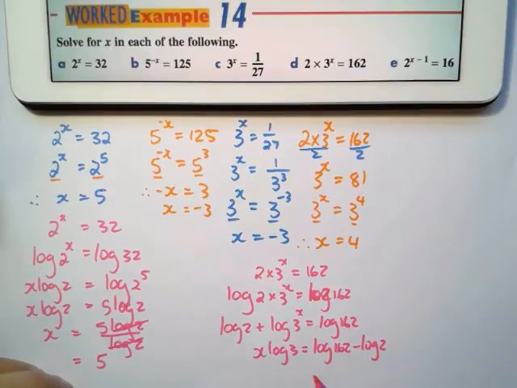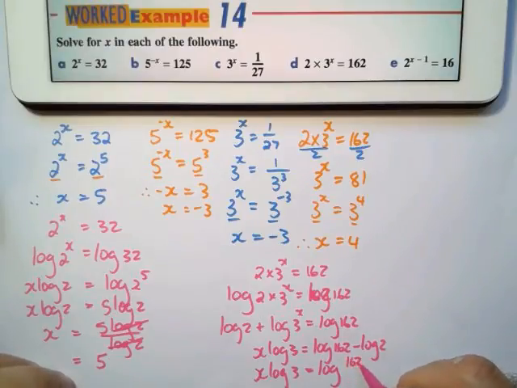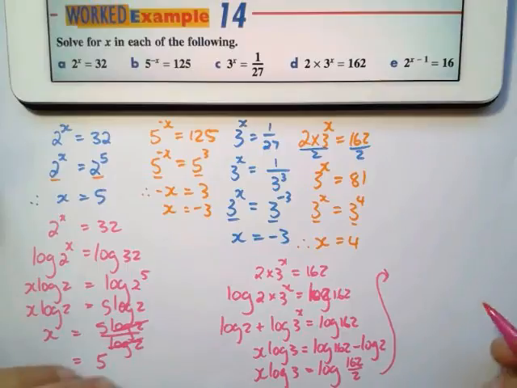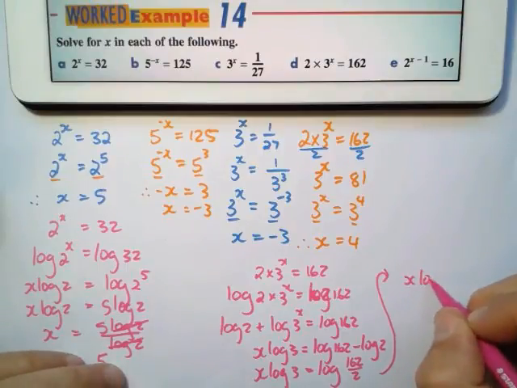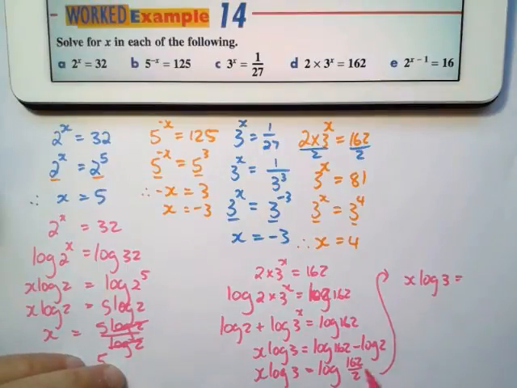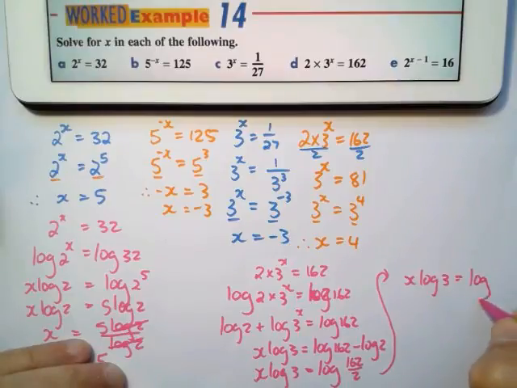That equals x log 3, which equals the log of 162 divided by 2 according to my log laws. I'm just going to carry on here because I can. It's going to give us x log 3 equals log of 81.